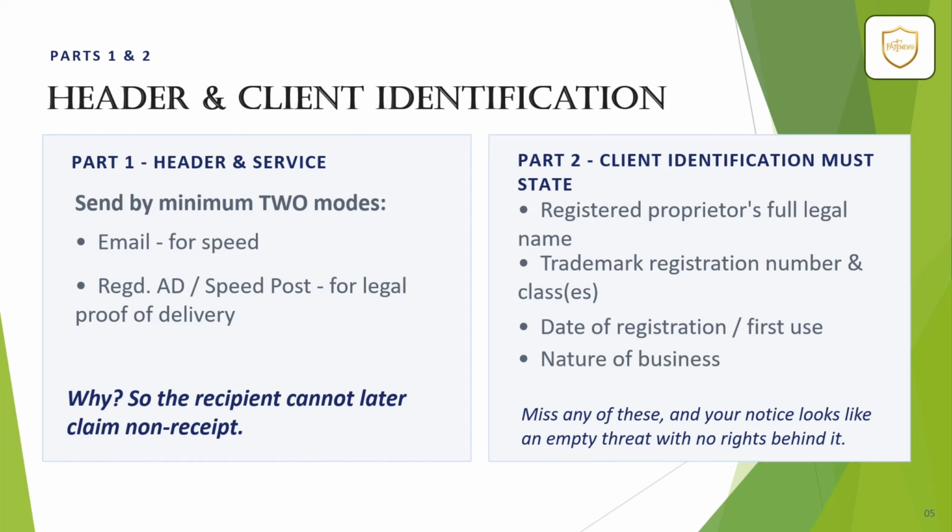I told you to remember the registration date: it was registered on 12th March 2018. If you miss any of these details, the full legal name, the registration number, the class, the date, the nature of business, then your notice would look like an empty threat with no rights behind it.